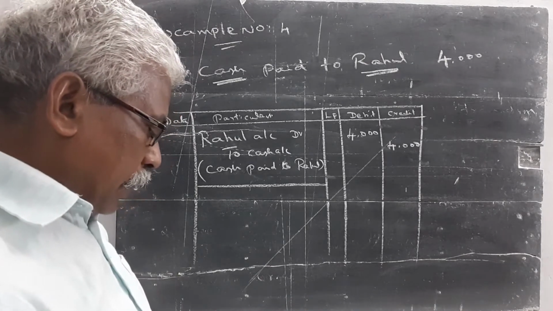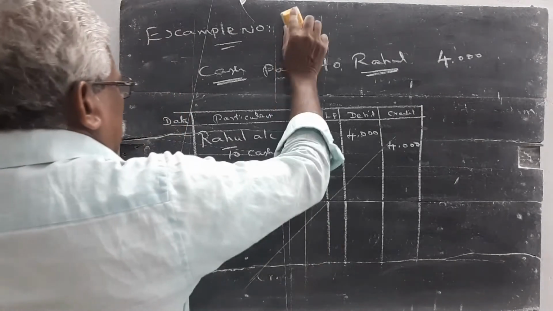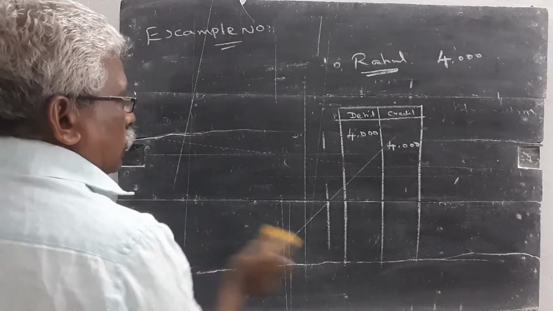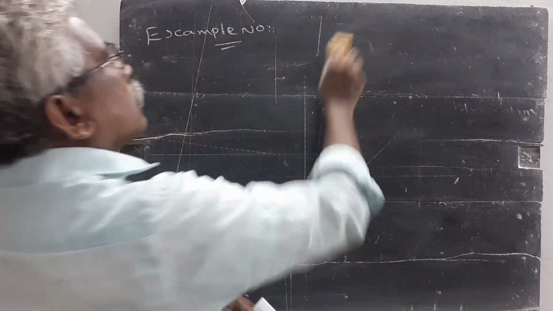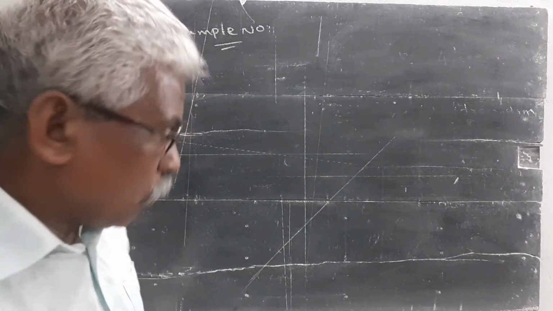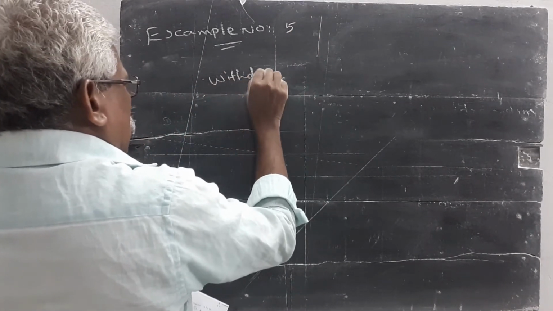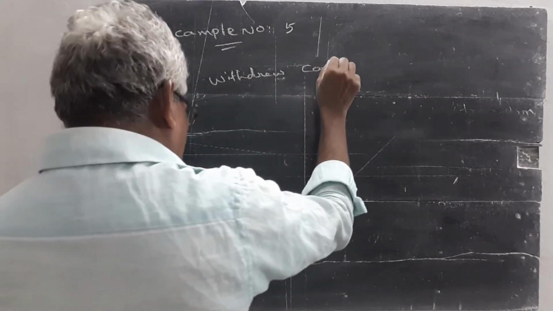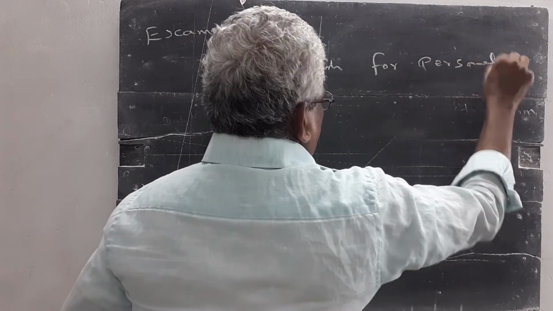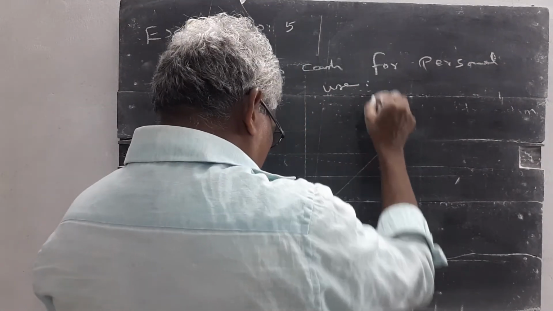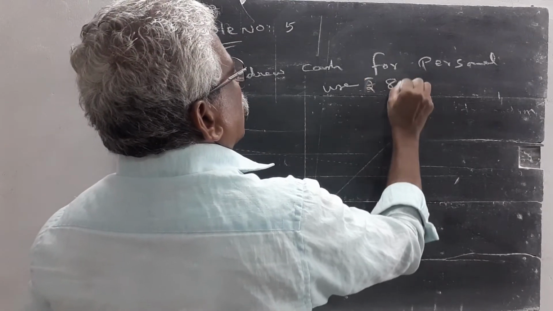I want to explain illustration number 5 also. Illustration number 5: withdrew cash for personal use, rupees 8,000.